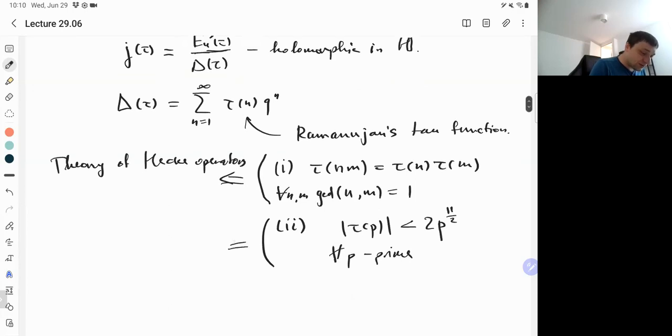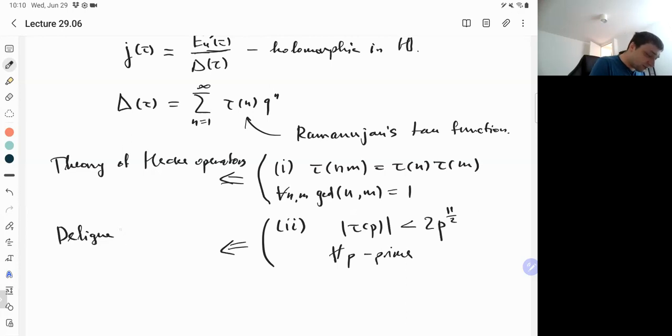And the second, the claim itself doesn't seem to suggest anything very deep, but the way that it was proven, this was a theorem of Deligne. In fact, two theorems of Deligne, which are completely different.